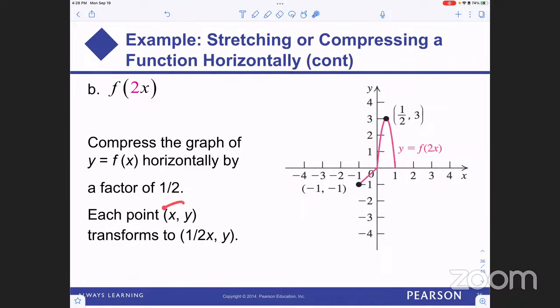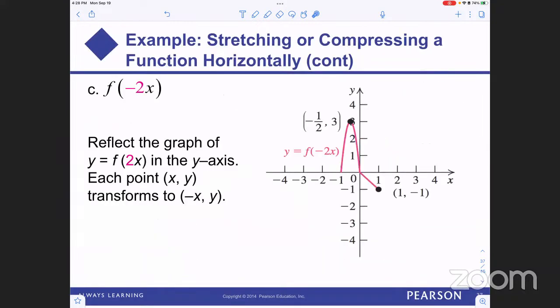For every x comma y that we have in the original, our new one is going to have half of x comma y. And then the last thing we said was it's going to be the same result, but then we flip it horizontally over the y-axis. And you see it here.